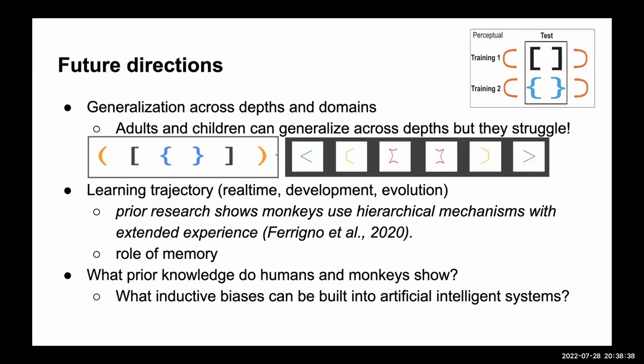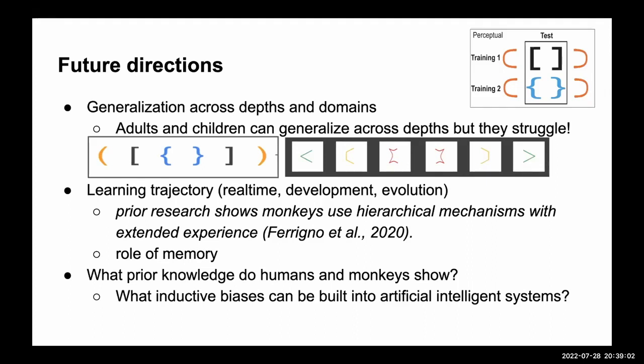And we are seeing that adults and children can do that, but they struggle. Furthermore, we are interested in what the learning trajectory will be, both in real time, when people are doing tasks in a 20-minute, 30-minute session, but also over developmental time, tracking the same kids over a period of time.